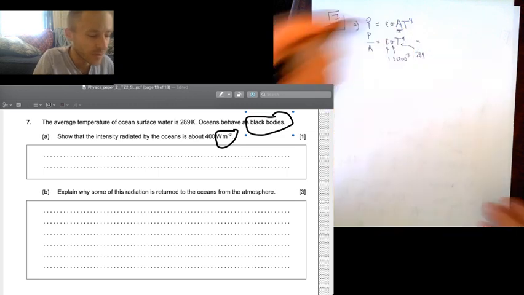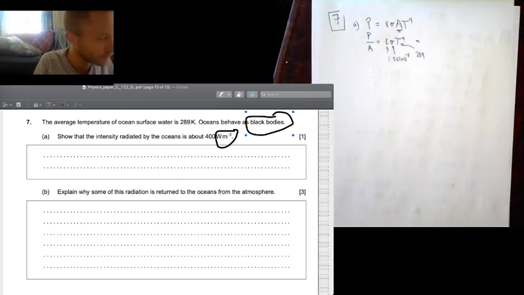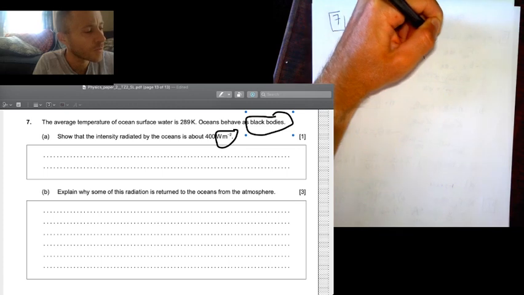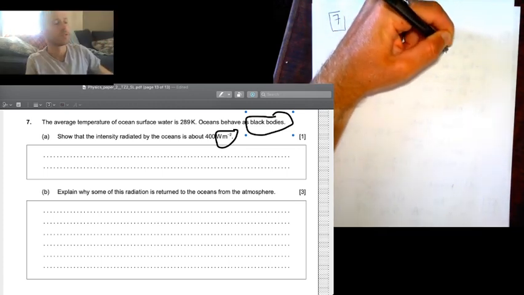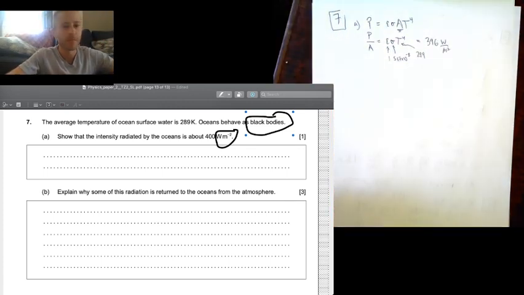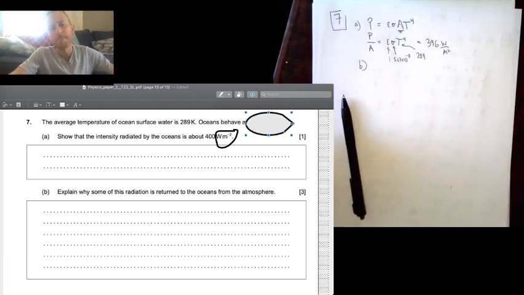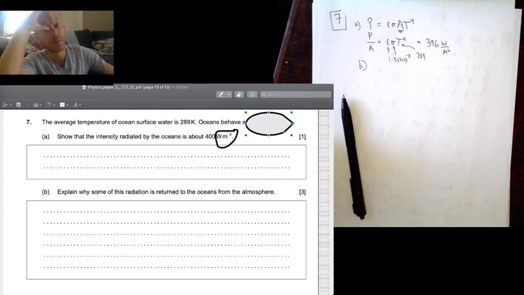So let me type in those numbers. And I get 396 watts per meter squared. So that's close to 400. Part B. Explain why some of this radiation is returned to the oceans from the atmosphere.